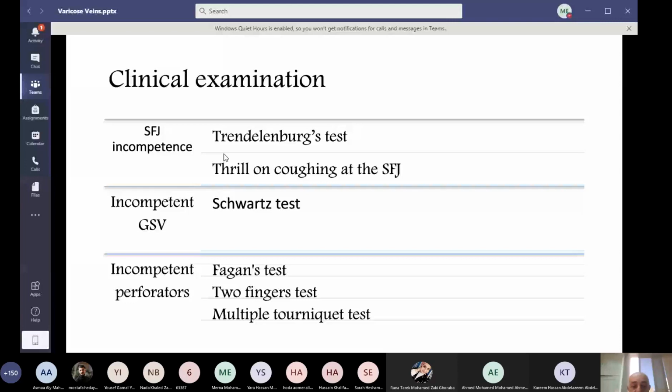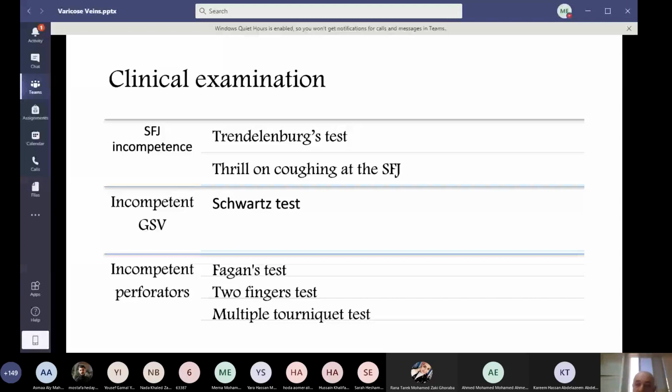An incompetent great saphenous vein is determined by applying the Schwartz test. For the incompetent perforators, we have several tests: number one is Fagan's test, number two is the two fingers test, and lastly the multiple tourniquet test. During the clinical course, we will elucidate how they could be performed.